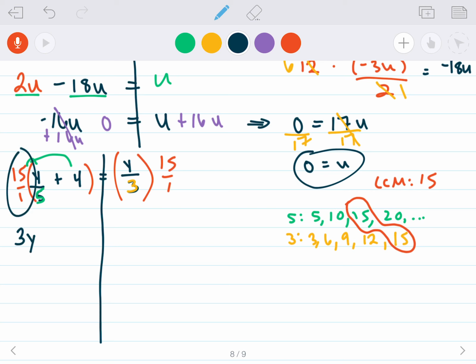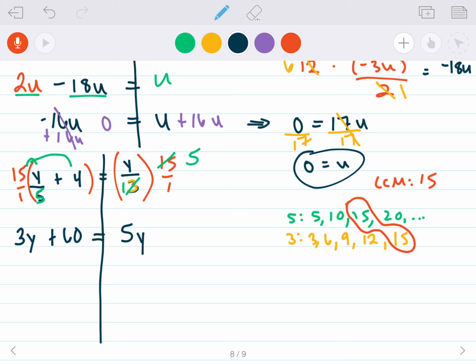And then 15 times 4 is going to be 60. So this is plus 60. On the right side, when I cross divide out common divisors, 3 goes into itself once, 3 goes into 15 5 times. Multiply straight across to give me 5y over 1, which is just 5y.